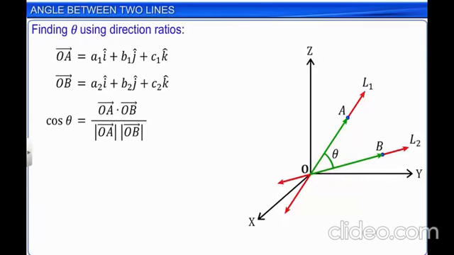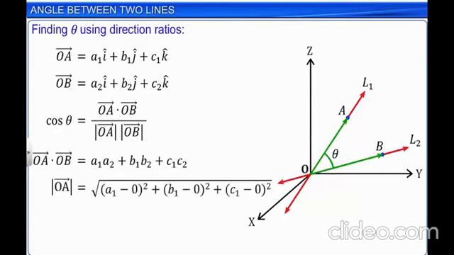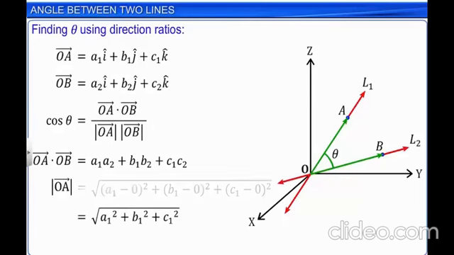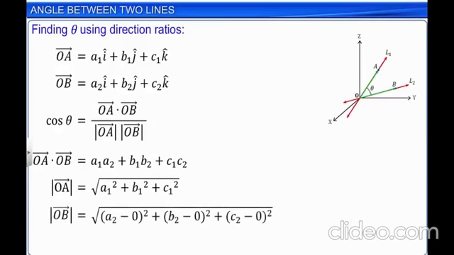The dot product of vectors OA and OB is equal to the sum of the products of their corresponding components as shown here. The magnitude of vector OA is equal to under root of A1 square plus B1 square plus C1 square. Similarly, the magnitude of vector OB is equal to under root of A2 square plus B2 square plus C2 square.